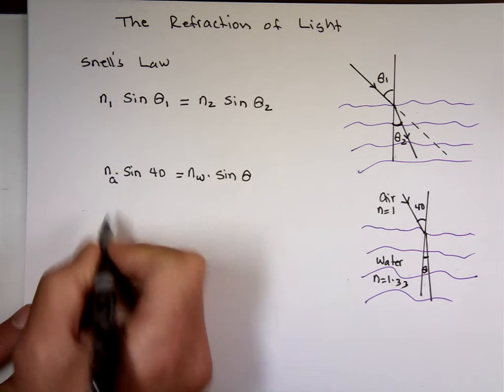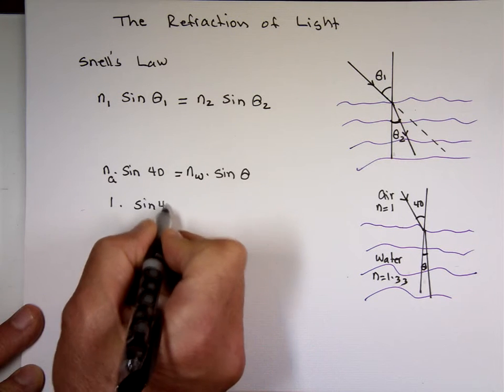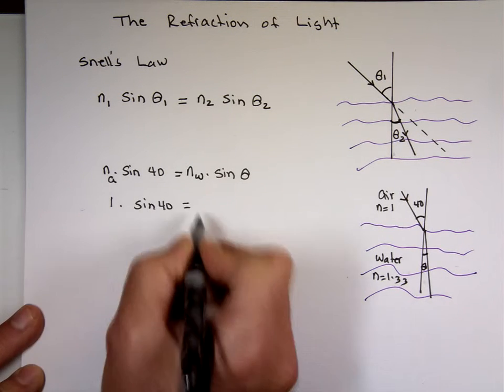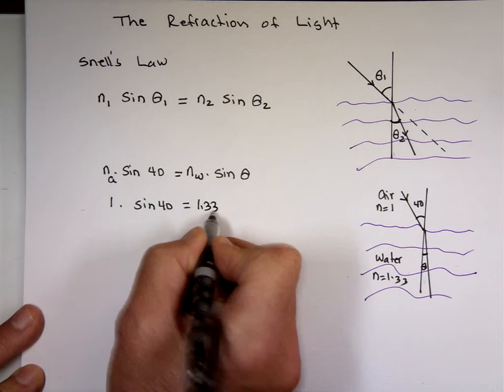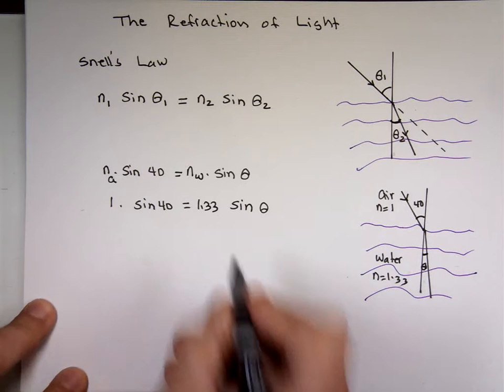Well, N for air is 1, times sine of 40 is equal to N for water, which is 1.33 times sine theta. Can we get what sine theta is equal to?